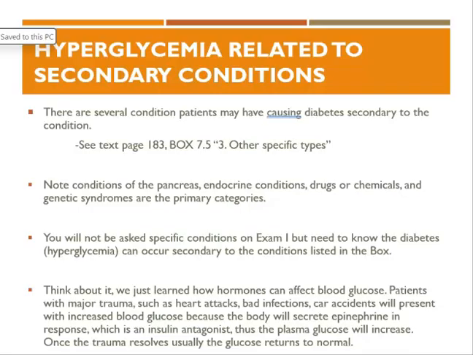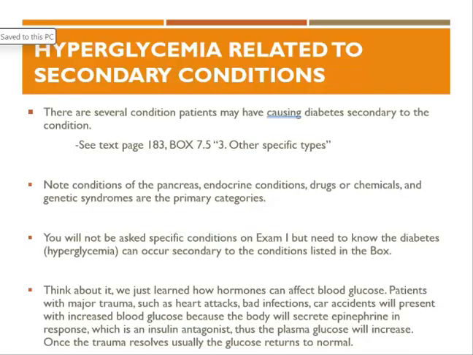I highly recommend that you open up your textbook and look at some of those conditions. Some examples are genetic defects, diseases of the pancreas, drug or chemical induced conditions, genetic syndromes, things like that. So make sure that you open up your textbook and look at that chart.